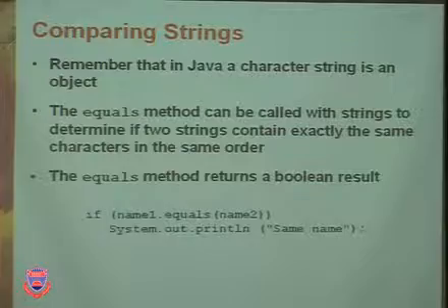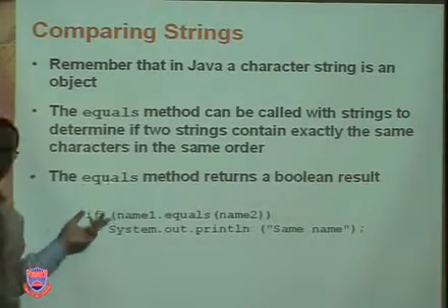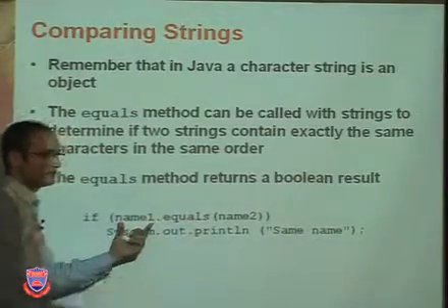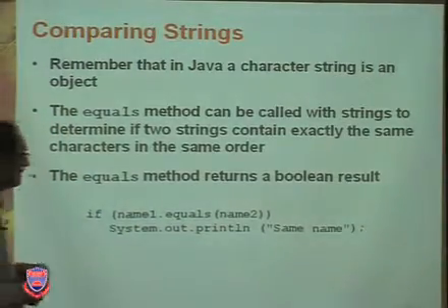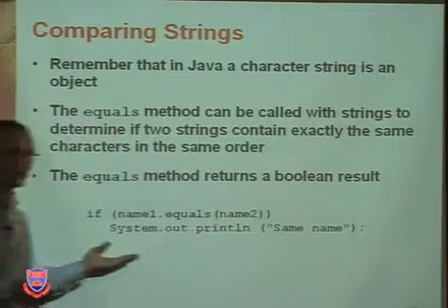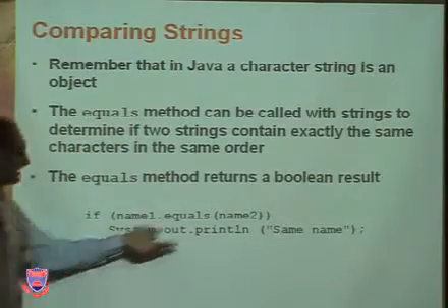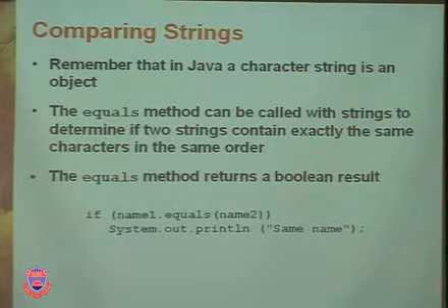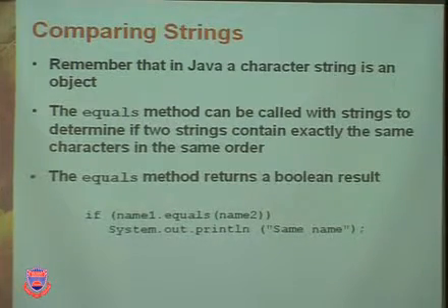So as I said earlier, we use the equals method to compare strings. So if name1 equals name2, it is going to do the internal comparison. If they're equal, it is going to print on the screen, same name. So if you want to write your own equals method for a string, how would you write it?